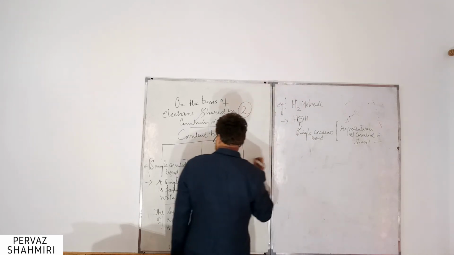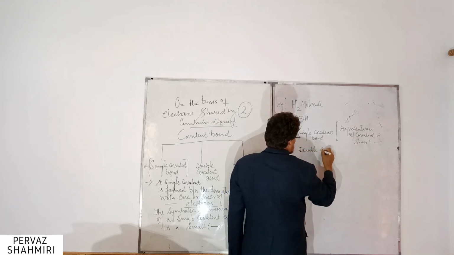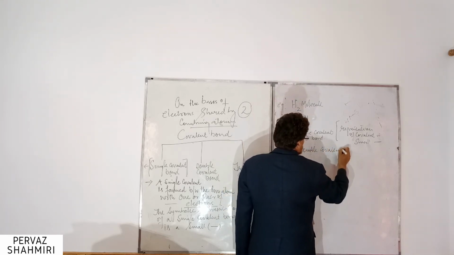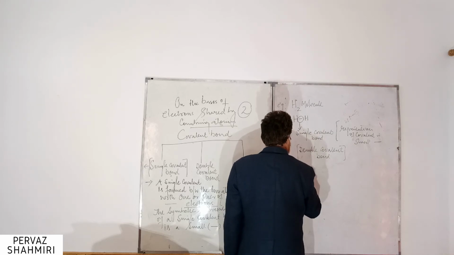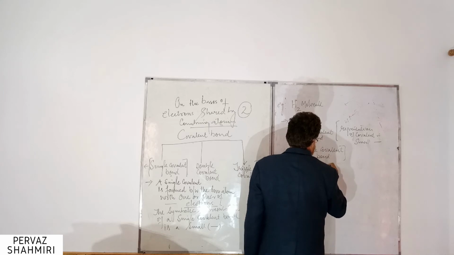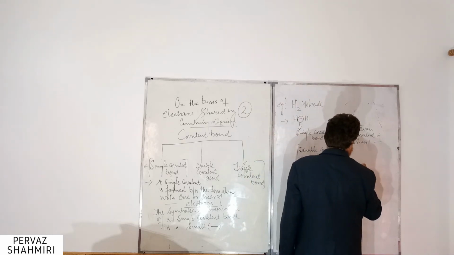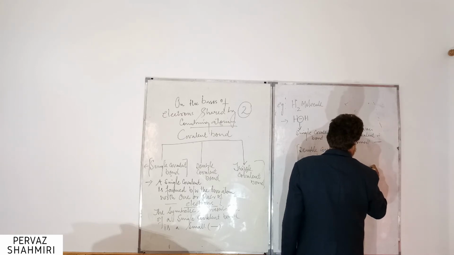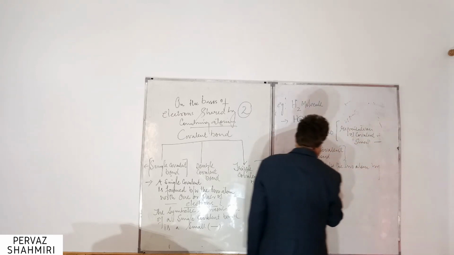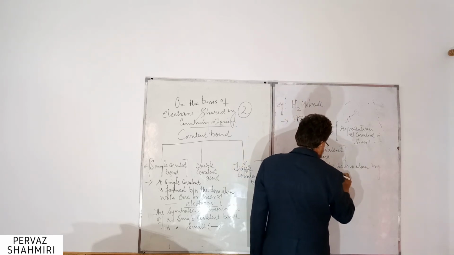The second one is double covalent bond. Double covalent bond is formed between the two atoms by two pairs of electrons.